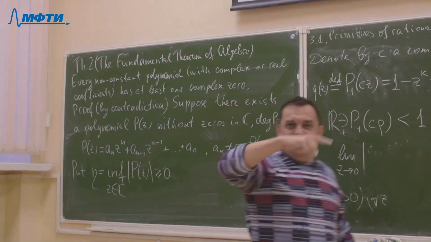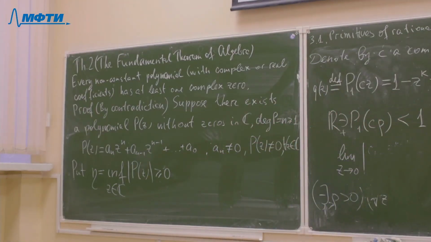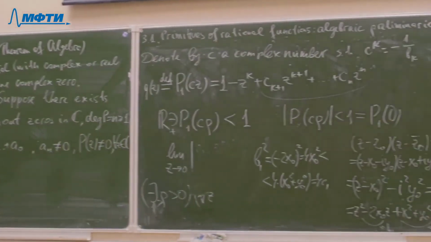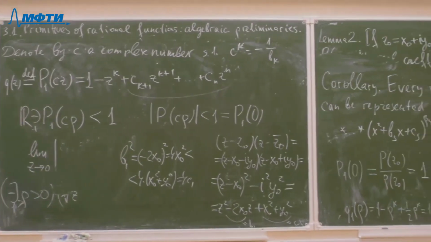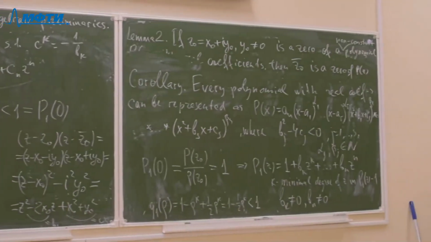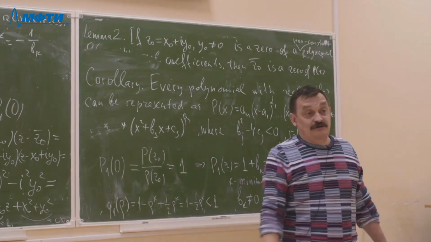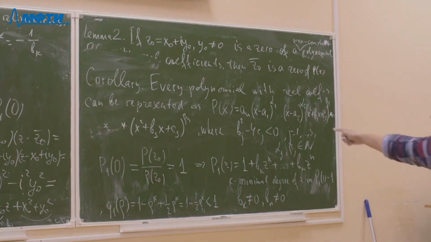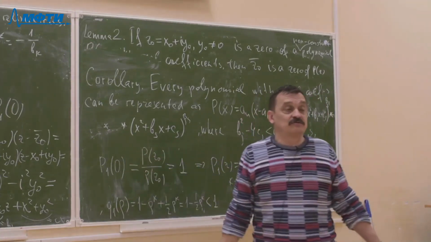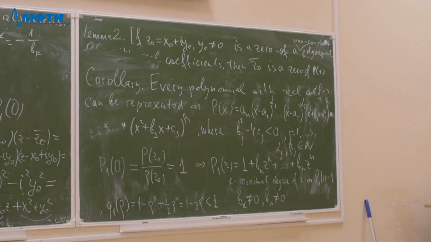So while we have a non-constant polynomial, we can find a zero, divide, and continue until we obtain a constant. That means that finally we obtain an expansion of a polynomial into linear and irreducible quadratic terms. That is the main result we'll need for the future. Okay, that's all for today.